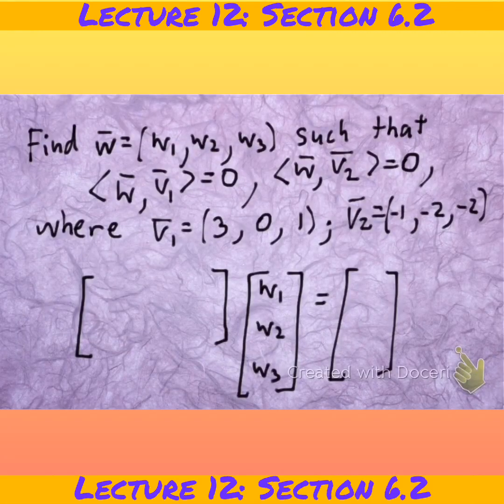Right, now recall that the vectors V1 and V2 were respectively (3, 0, 1) and (-1, -2, -2). Now the inner product here is the standard dot product. So what you're going to do is look at the null space of the matrix, and the matrix that you form is you make the rows of the matrix the vectors V1 and V2.